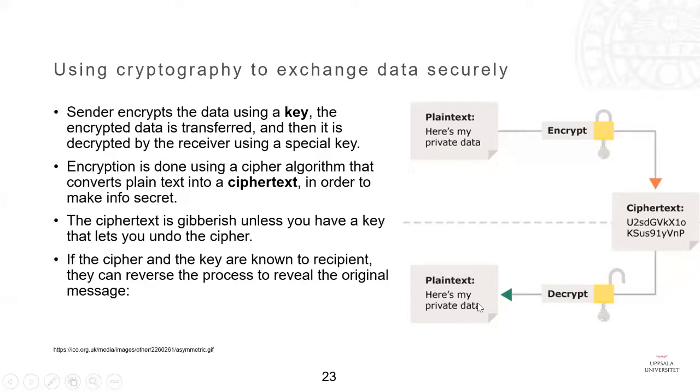Plain text is the original message, and the receiver can see the original message. So in between, if there are other people that look at the messages that are transmitted, they see only ciphertext. They don't understand anything about the content. It is only the sender and receiver that have access to the original message or plain text.